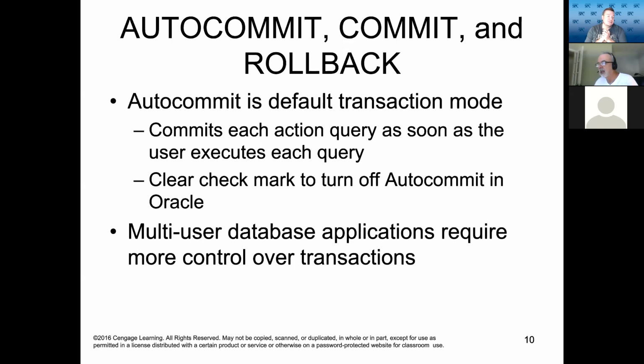Now, please understand that, again, some of this doesn't ring true anymore with the online Apex. If you installed Apex on your machine, if you installed Oracle on your machine, depending on what version you installed, this will be in the UI or not. But for example, the auto commit is a default transaction mode, and we're about to see a screenshot where you can turn auto commit on and off.